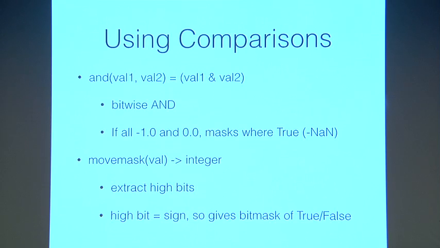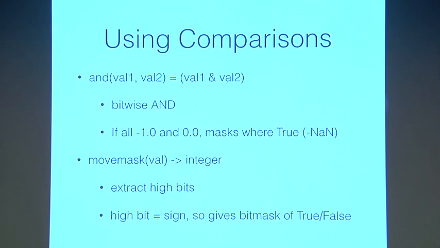It should be if all minus NaN and 0, then it's a mask where true. That's not minus, it should be -1, it should be minus NaN. Basically, if minus NaN, then it's a mask when I AND this. So masks is a verb talking about the AND operation. I need a sentence diagram there. Basically, you can use it to mask off values is what I'm trying to say.